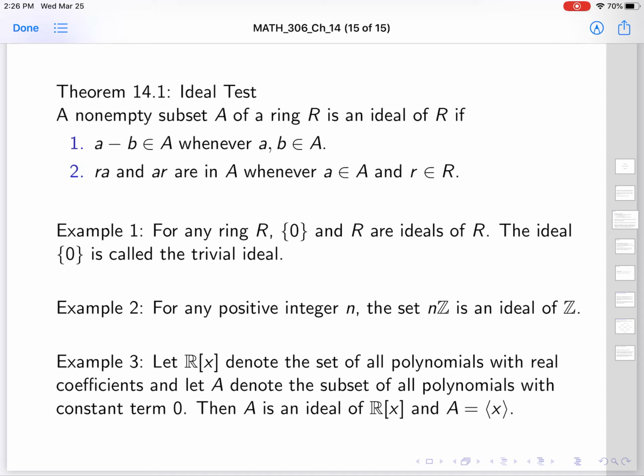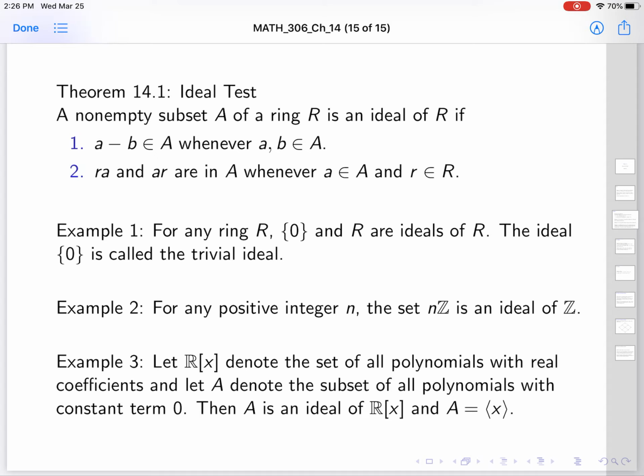So some examples of ideals. Example 1: for any ring R, the trivial subring and the whole ring itself are ideals of R. The ideal which is the trivial subring is called the trivial ideal.